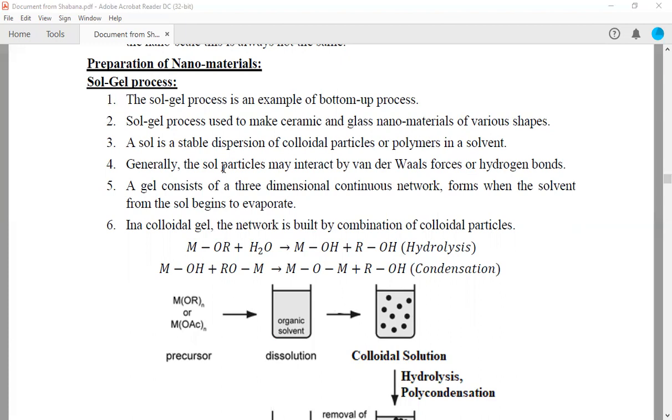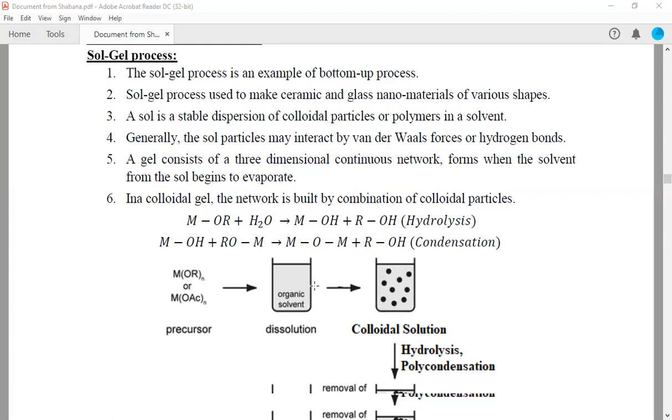Formation of metal oxide involves connecting the metal center with oxo, that is M-O-M linkage, or hydroxo, that is M-OH-M linkage.